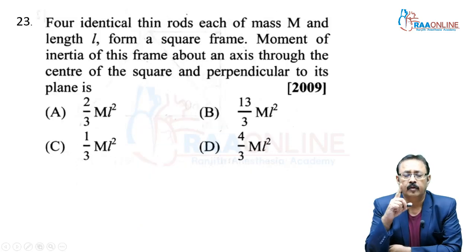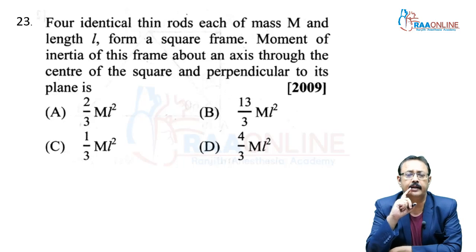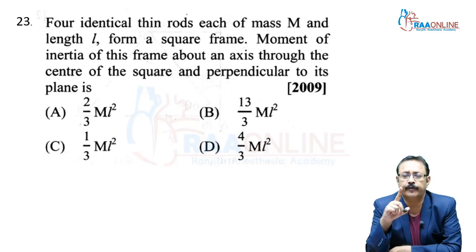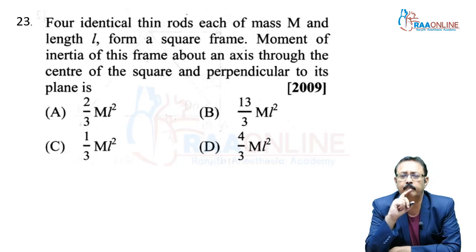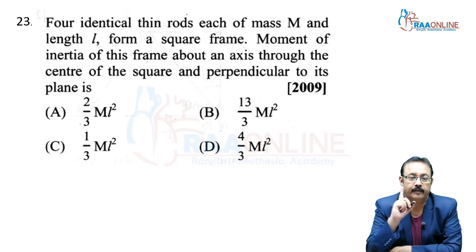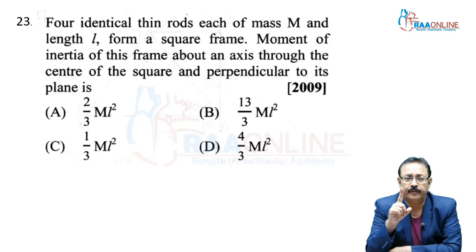Next, 4 identical thin rods, each of mass m and length L, form a square frame. Moment of inertia of this frame about an axis through the center of the square and perpendicular to the plane is. The problem is very simple, because moment of inertia does not obey the law of vector addition.